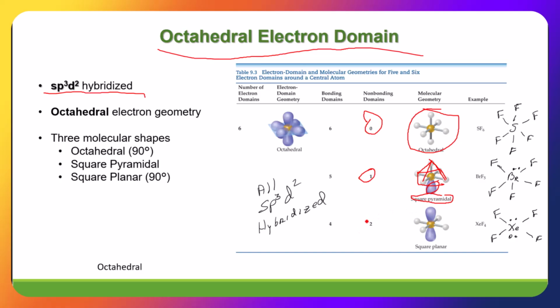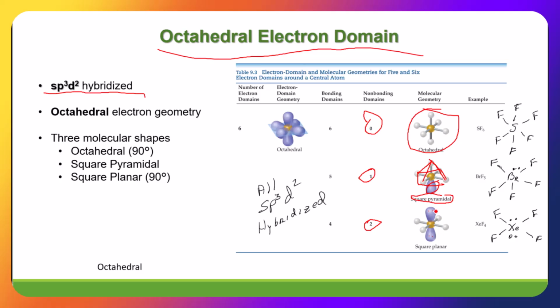Now, if we have 2 non-bonding pairs, this is the last one, they're going to be as far away from each other as they can, because remember, non-bonding electrons take up more space. So they don't want to be at 90-degree angles to each other. That is forbidden.